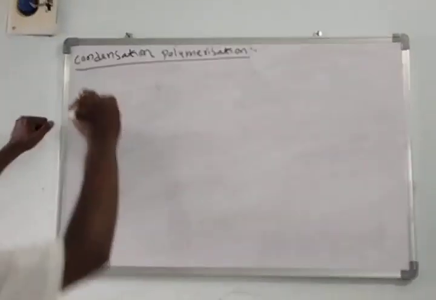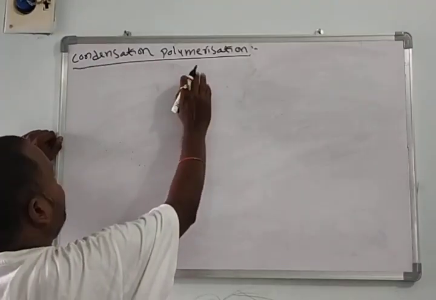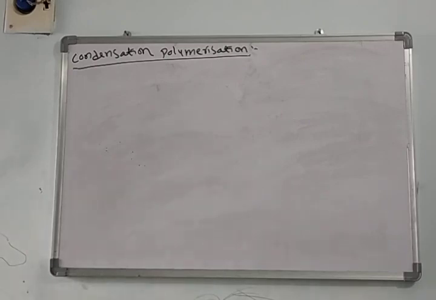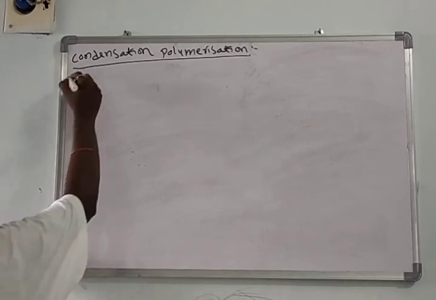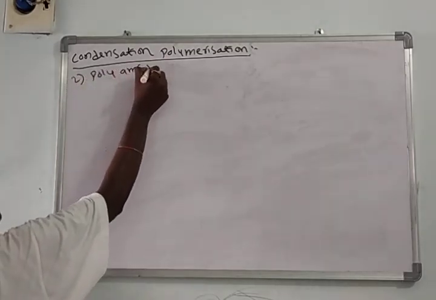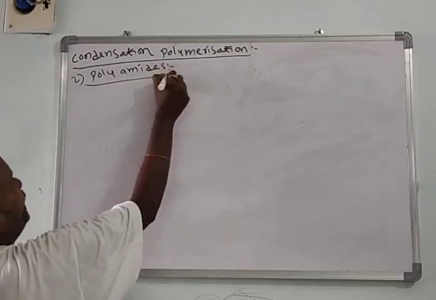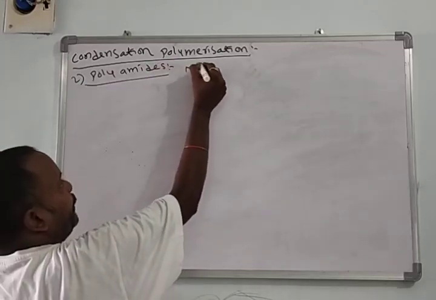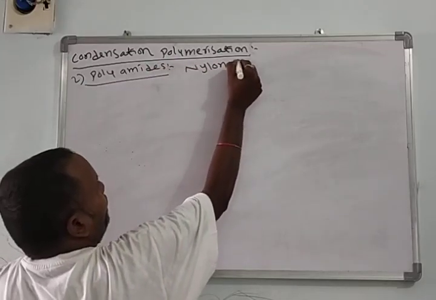The polymers which contain amide functional group are simply considered polyamides. Polyamides are also called nylon polymers.